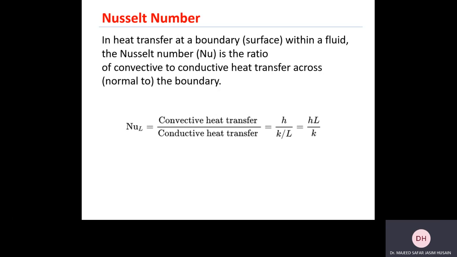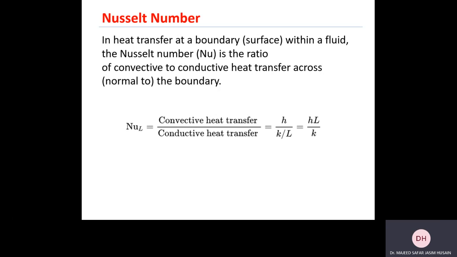For heat transfer, it is the Nusselt number. The Nusselt number is basically the ratio of convective heat transfer to conductive heat transfer. So the convective is h and the conductive is k over L, so the ratio will be hL divided by k.